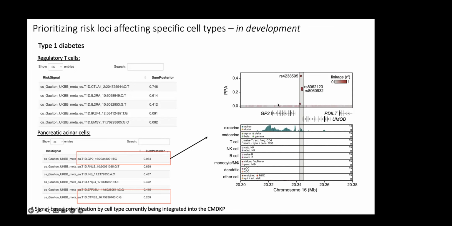Also, if you're studying a particular locus and you want to know what cell type there's some evidence that locus is preferentially affecting for that trait, it can tell you that as well. For acinar cells, there are some loci where it's highly likely that the causal variant falls in a site active in acinar cells. One example is shown here.